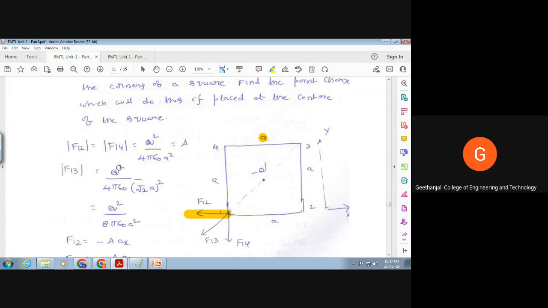What is F12? Q square by 4 pi epsilon naught, distance is a, so 4 pi epsilon naught a square, and this is the direction of the force. Similarly F14: the distance is the same, so the magnitude of F14 is the same as the magnitude of F12, Q square by 4 pi epsilon naught a square.